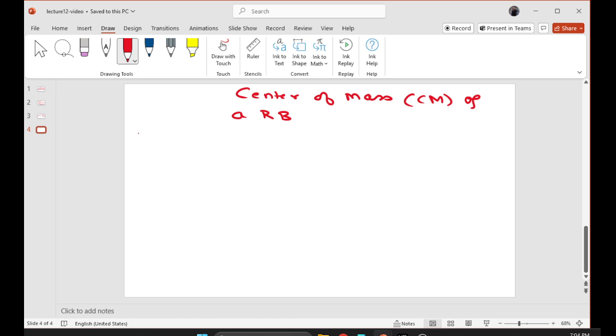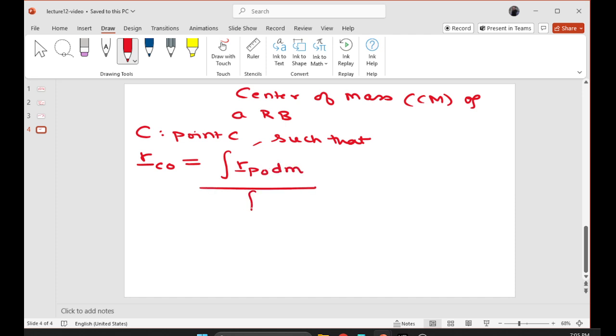The center of mass of a rigid body is defined as a point C such that the position vector of that point measured from a reference point equals this quantity.